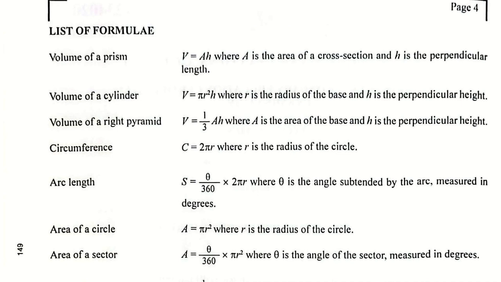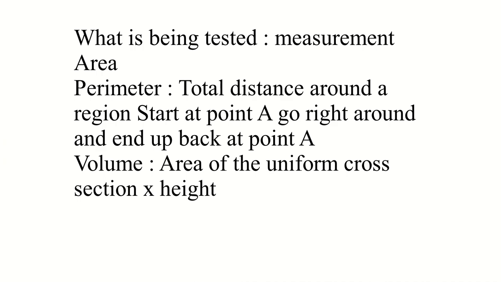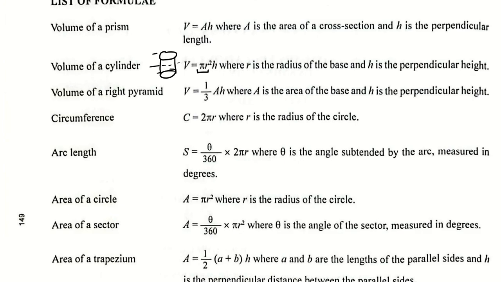So if you look at volume of a cylinder, this formula here is actually your area of a circle, pi r squared, and then I multiply it by the height of my cylinder. So you see what I just said with my area of the uniform cross section: for a cylinder, area of a circle times your height.